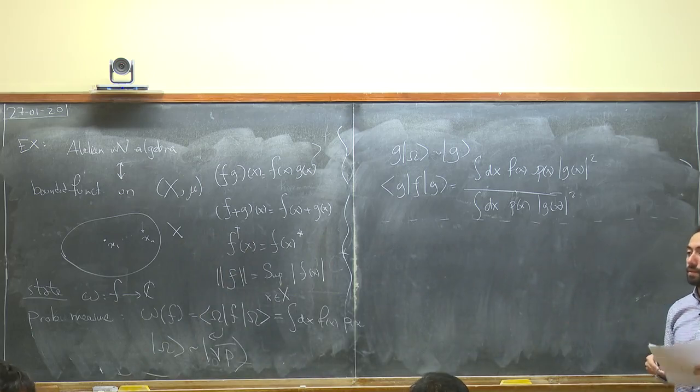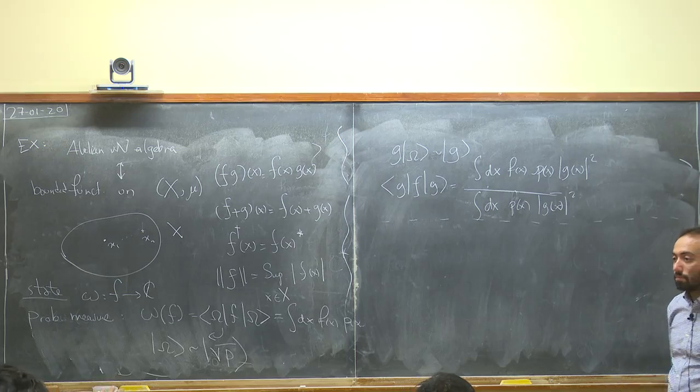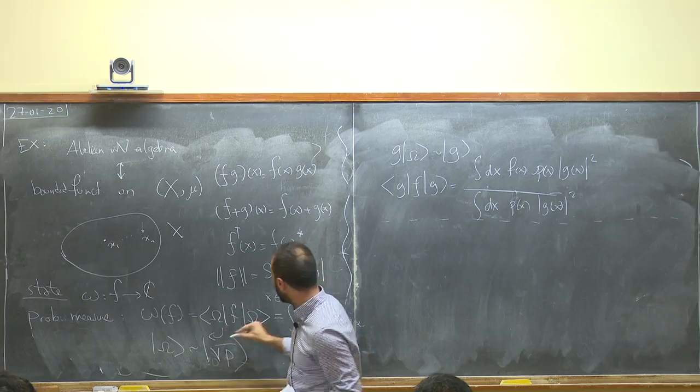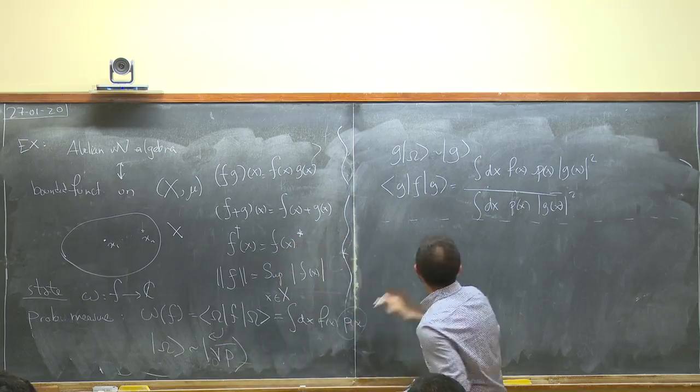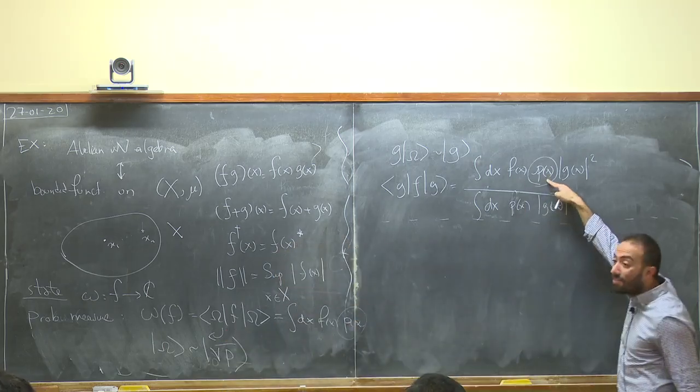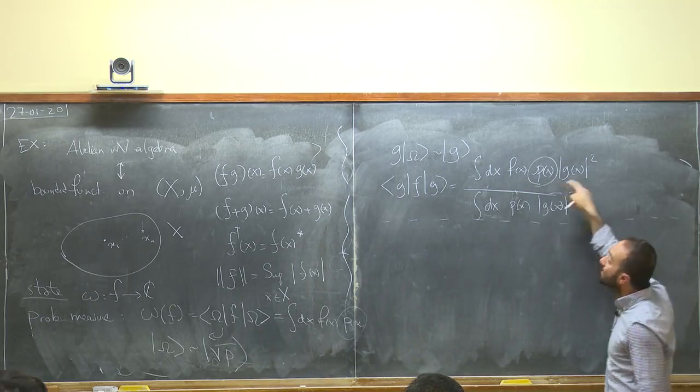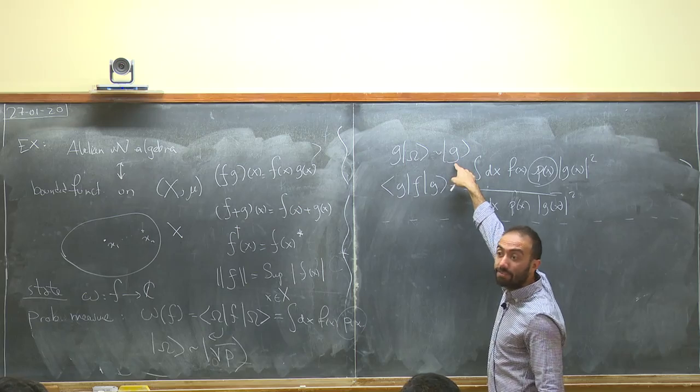In Gautam's thing, I thought that P was itself the probability, so P squared is slightly odd. Sorry, there are two things. There is P of x, which is never squared, but G of x is squared. G of x is my excited state. This is the thing that's square integrable.